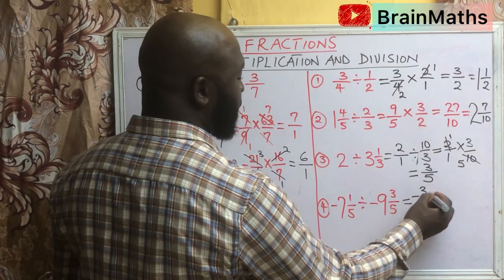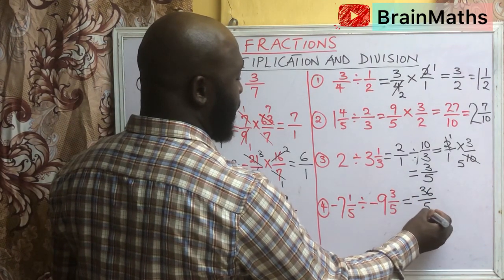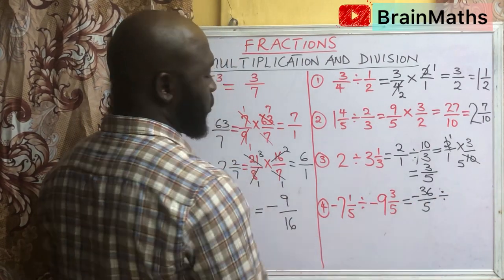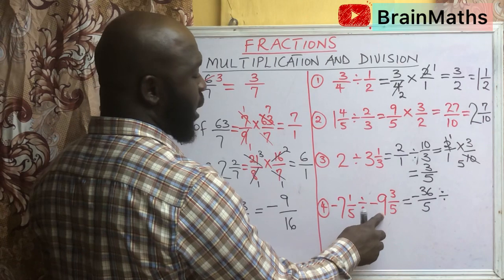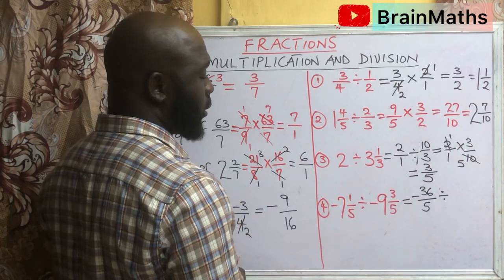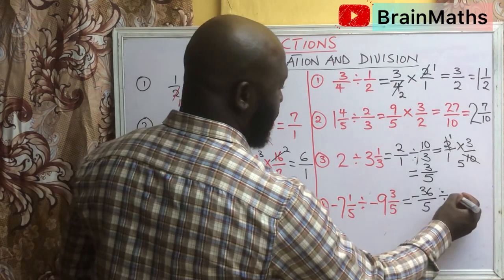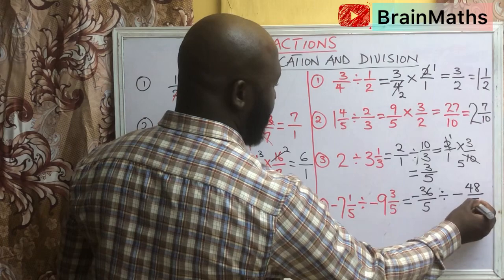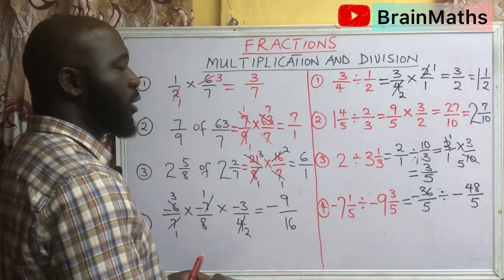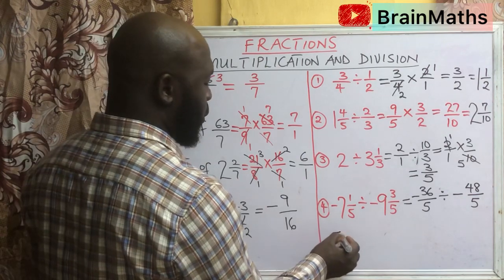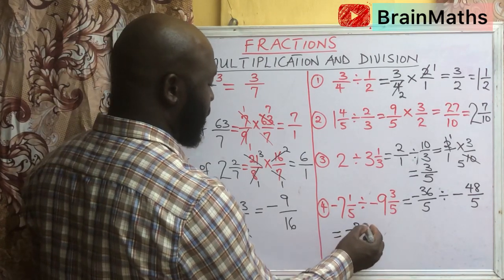That is minus 36 over 5 divided by 5 times 9, 45. 45 plus 3, that will give us 48, minus 48 over 5.